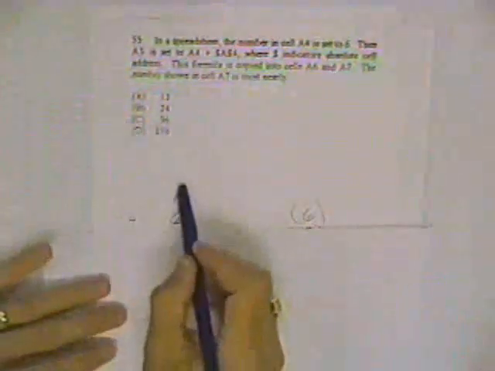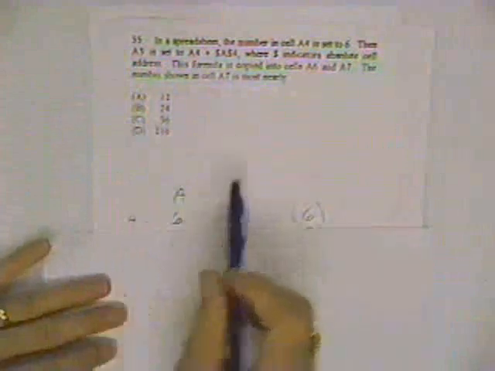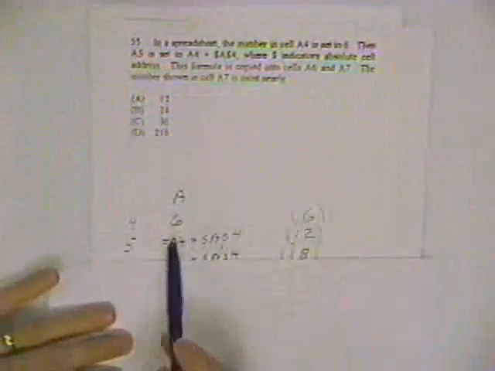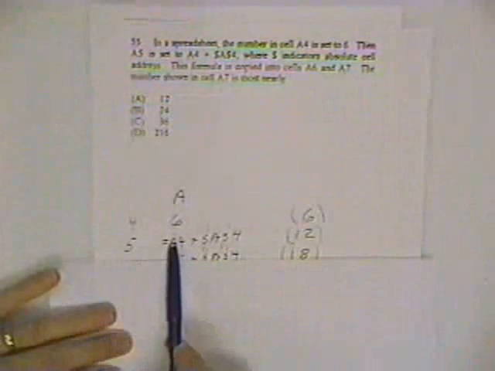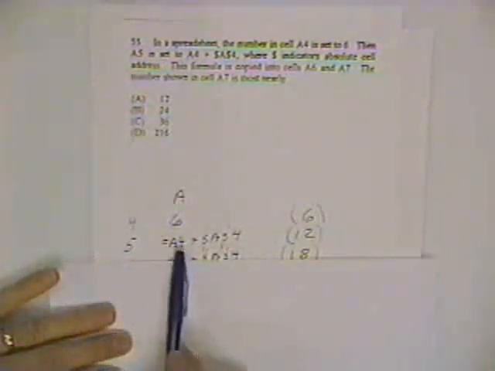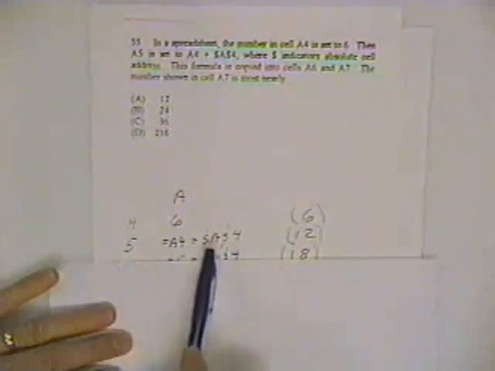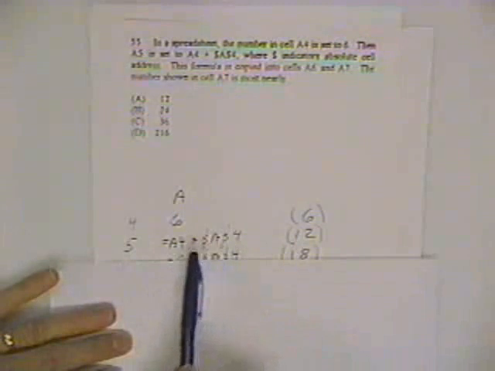For example, we could say in column A, row 4, the problem specifies that the value of that cell is equal to 6. Then the problem specifies that in cell A5, column A, row 5, a formula is placed there that says calculate the value in cell A5 as the value in cell A4 plus the value in cell $A$4, where the first is a relative address and the second is an absolute address.